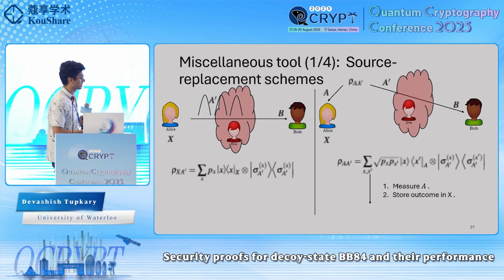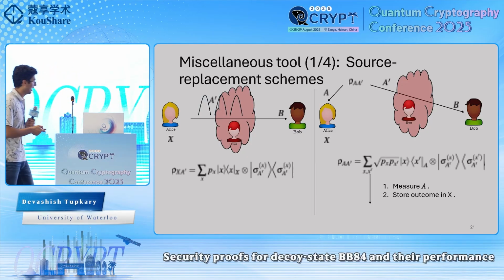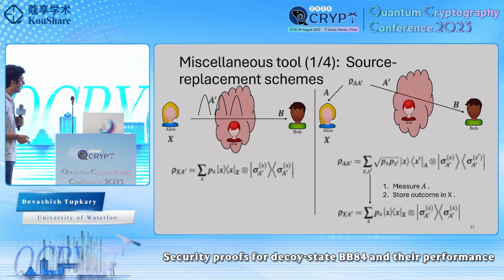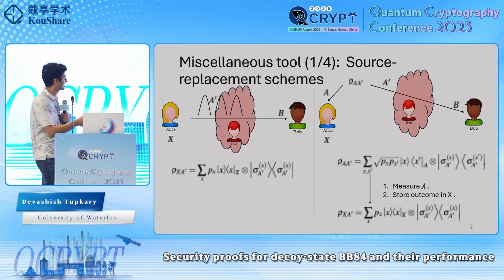That basically cancels off all the off-diagonal terms and stores the outcome in X, and you end up getting the same state as the left-hand side.